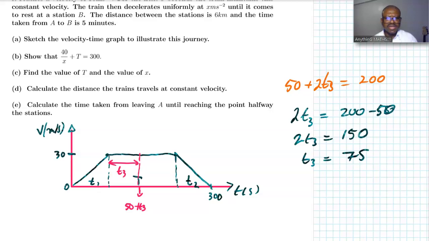Therefore the time it took, which we know is 50 plus T3, will be 50 plus 75, and that will give us 125 seconds.